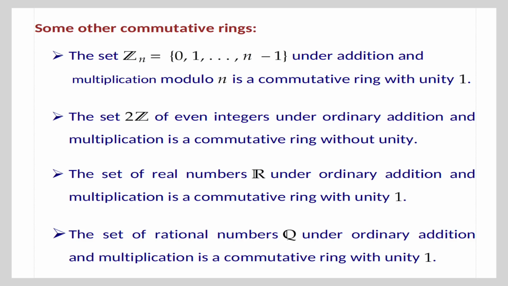The set 2Z of even integers under ordinary addition and multiplication is a commutative ring without unity. The set of real numbers R under ordinary addition and multiplication is a commutative ring with unity 1. The set of rational numbers Q under ordinary addition and multiplication is also a commutative ring with unity 1.